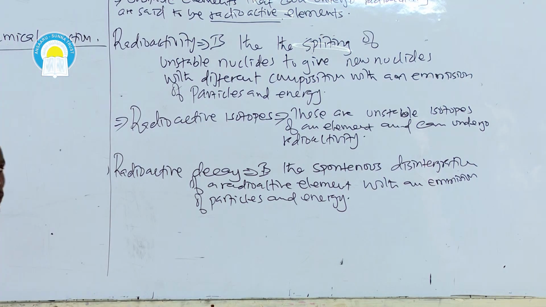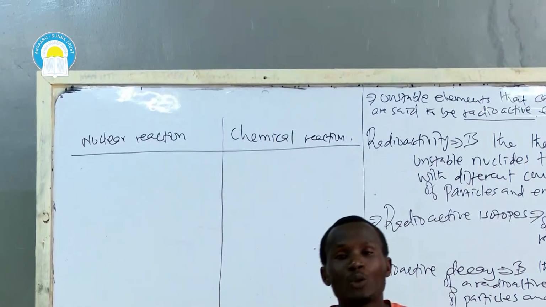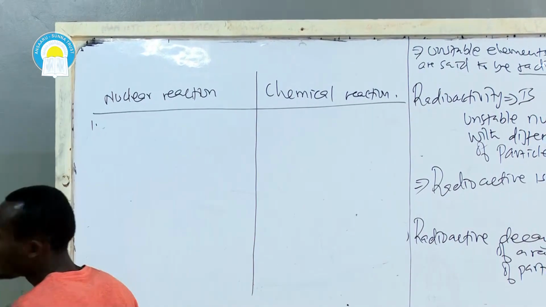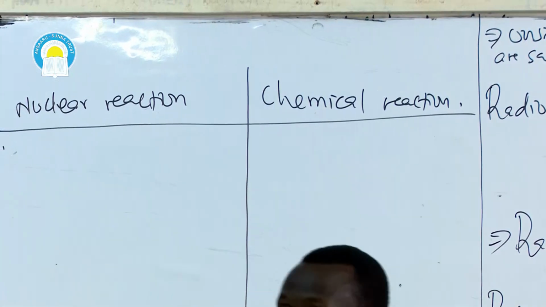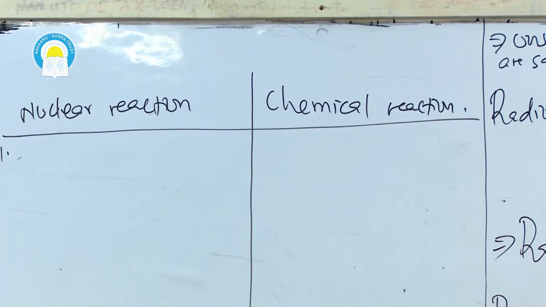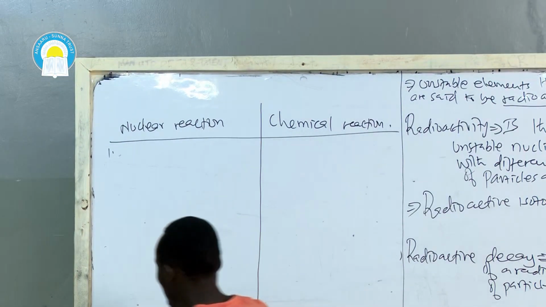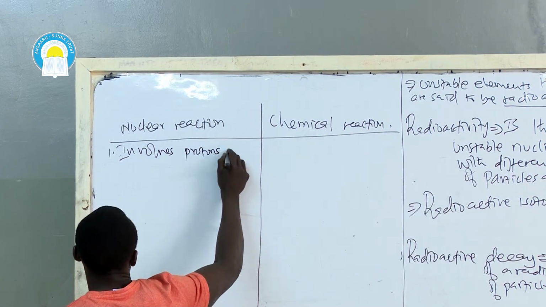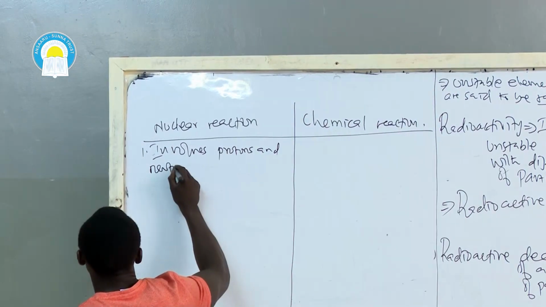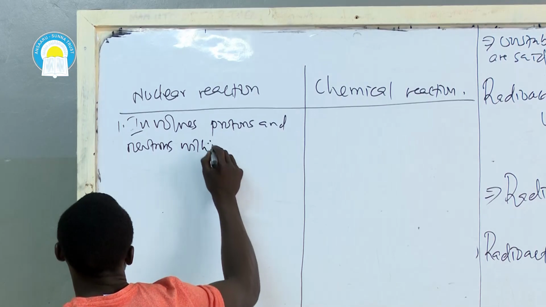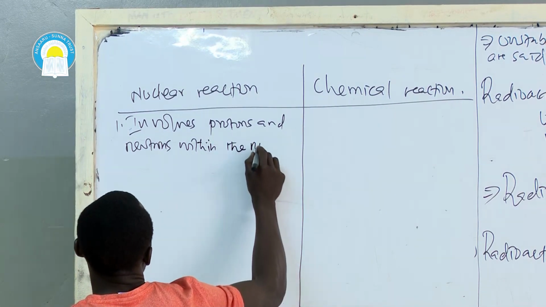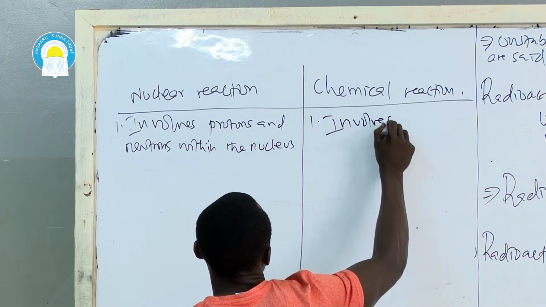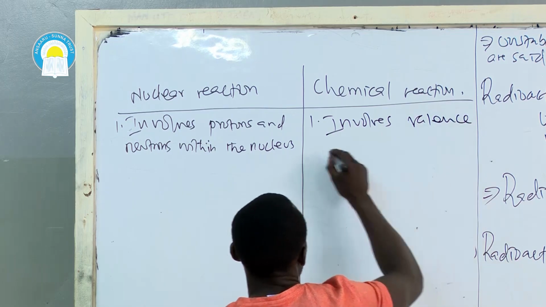One difference: a nuclear reaction involves the nucleus, where we have the protons and neutrons, while a chemical reaction involves valence electrons.